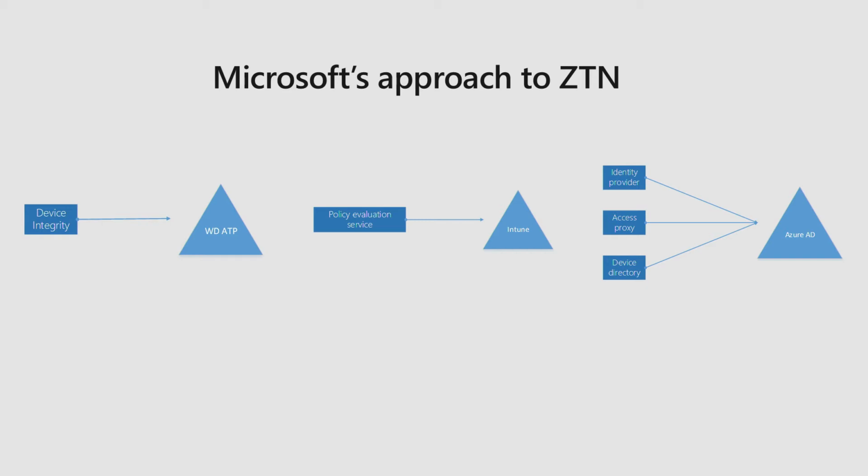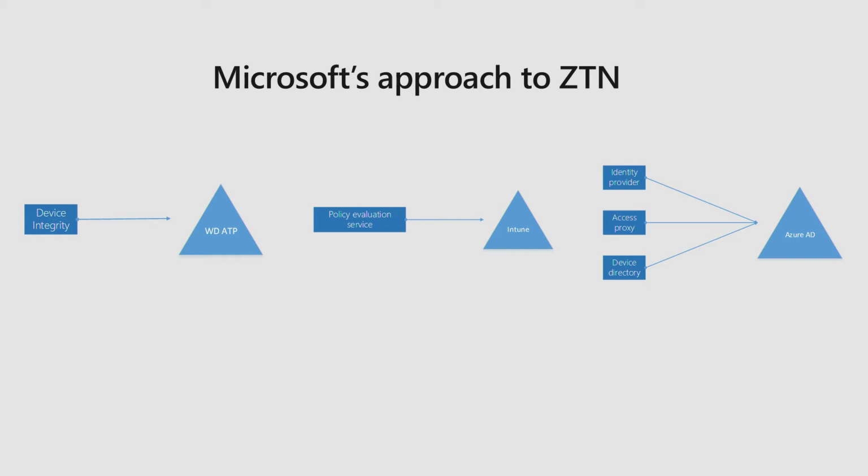Going back to that scenario, as soon as I open that executable and ATP sees it, I want it to tell all of my organization, cease access for this device. ATP is able to do that because it's ever vigilant, not only watching what's happening on the device, but sending those signals into the cloud so we can compare it to known good and known bad across the entire enterprise universe. The second thing I already touched on, which is Intune collaborates with ATP.